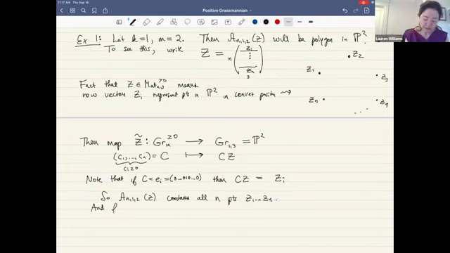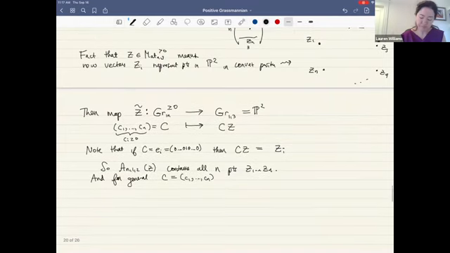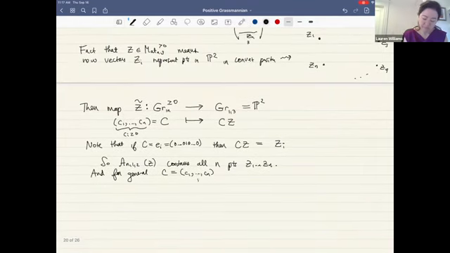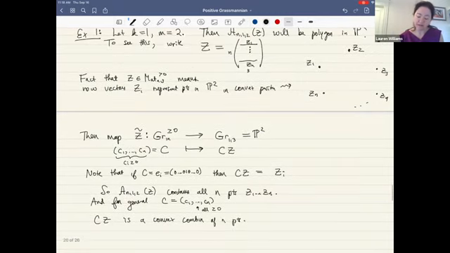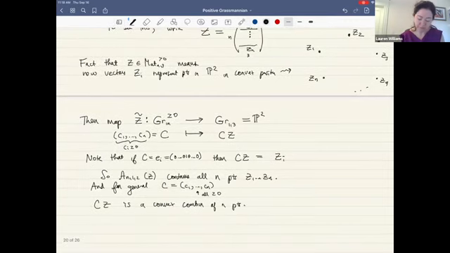And then for a general C, which is just this non-negative vector, CZ is just going to be a convex combination of those endpoints. And we'll get all points in the interior of this polygon in this way.